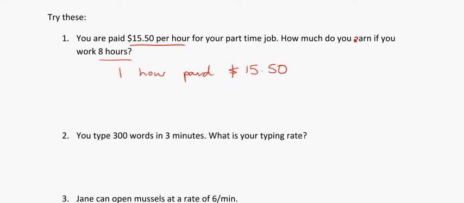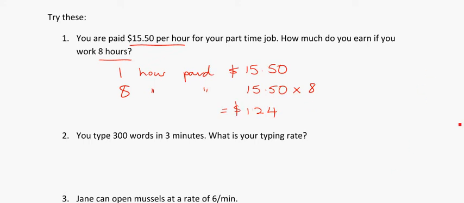I want to find out how much I'm going to earn in 8 hours. Now 8 is 8 times as much as 1, so you have to multiply $15.50 times 8, and you'll get $124.